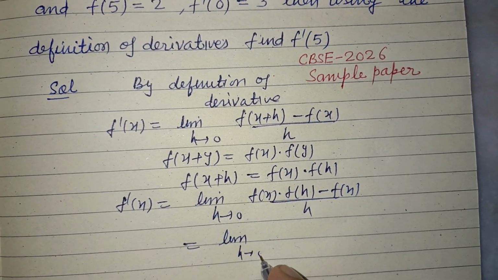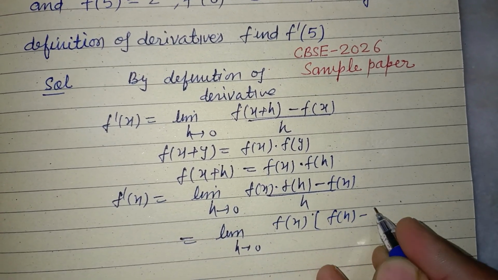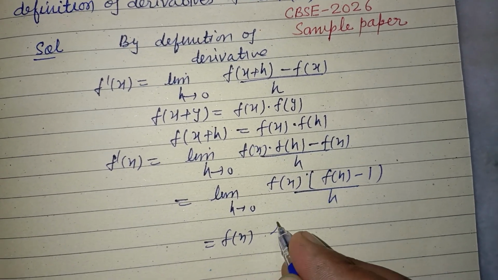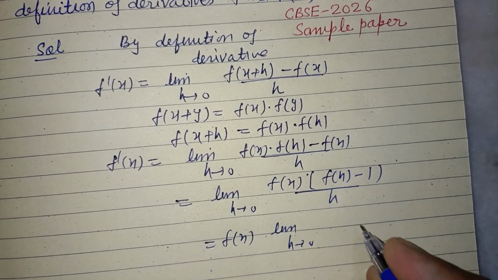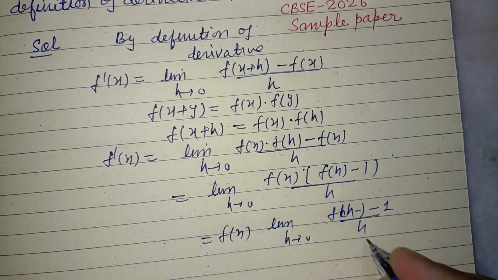Limit h tends to 0. Here f(x) is common, so f(h) minus 1 upon h. f(x) limit h tends to 0, f(h) minus 1 upon h.